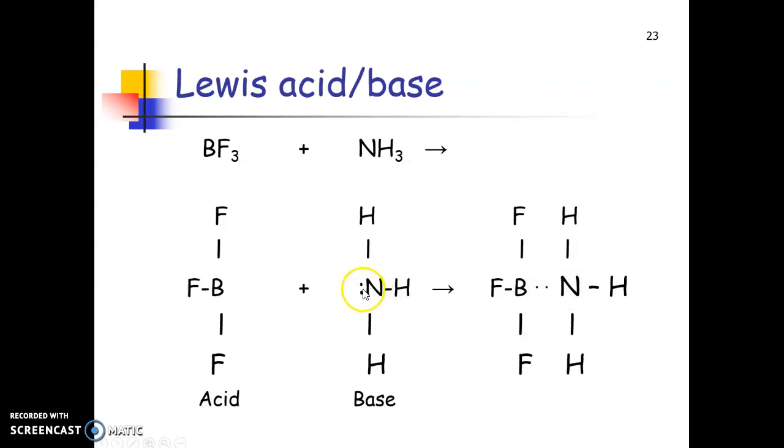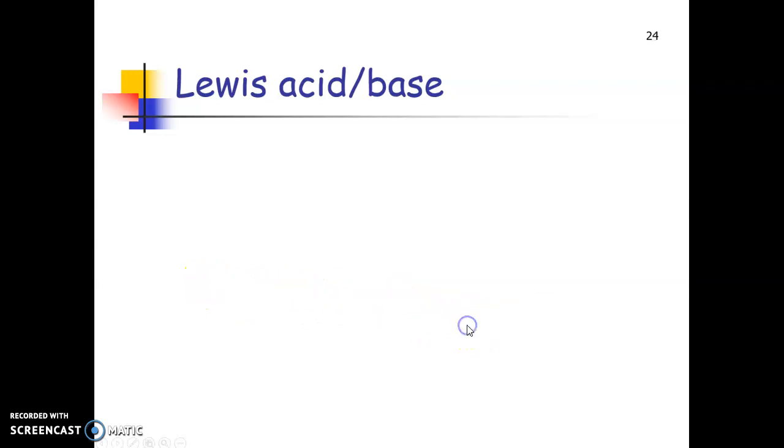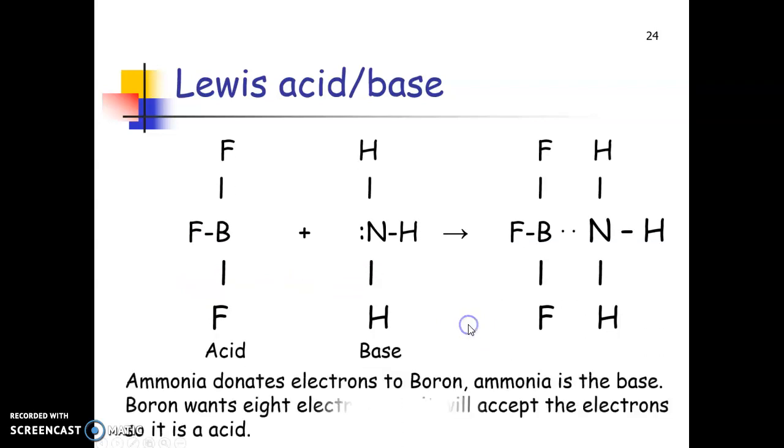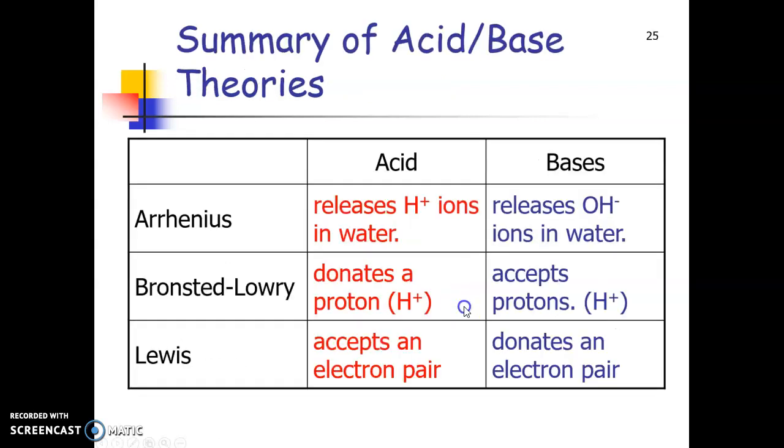NH3, in other words, gave a pair of electrons to the boron, and then the boron trifluoride was the receptor, or the acceptor of those electrons, so that made it an acid. Alright, we won't use this definition very often, but it's there. So if you ever take organic chemistry, it'll be even more important.